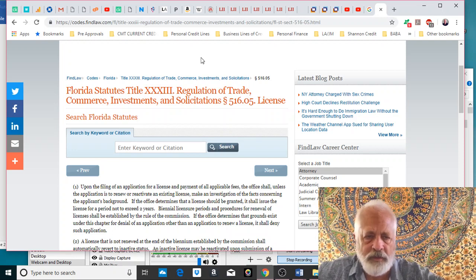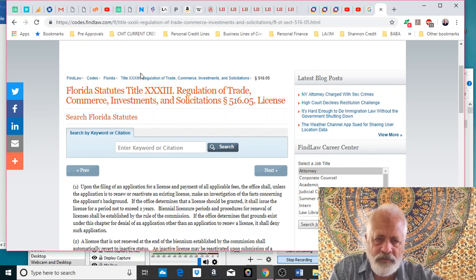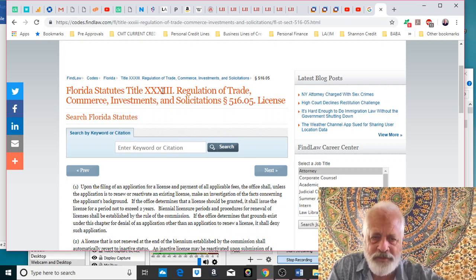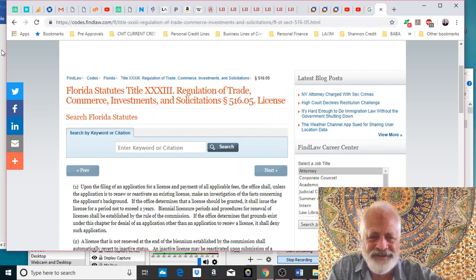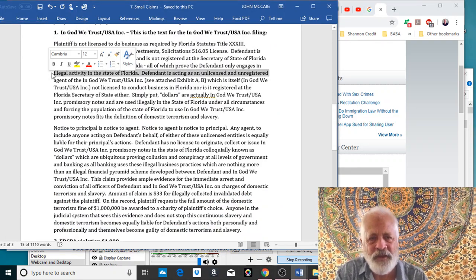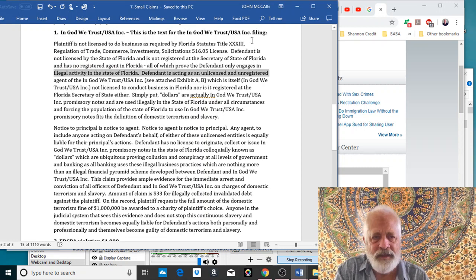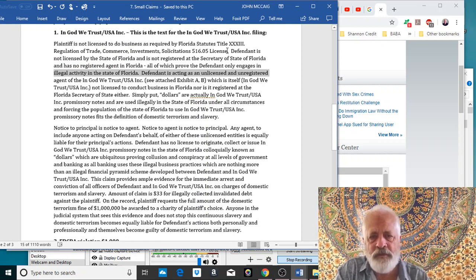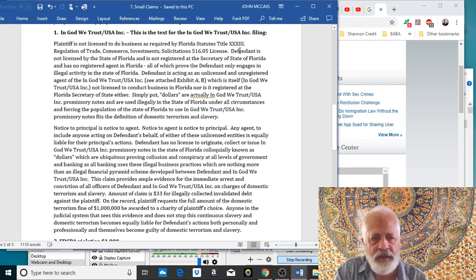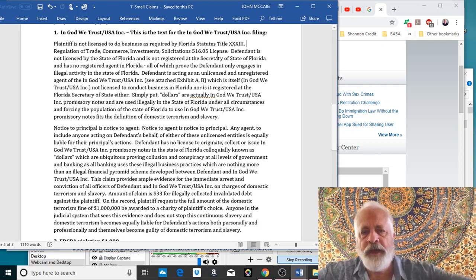All right, here's the one it is. Any numbers look familiar here? 33. Okay. So we just looked it up. So defendant is not licensed. See, that's just saying they need a license if they do this stuff. Use dollars, right? This is about the In God We Trust.